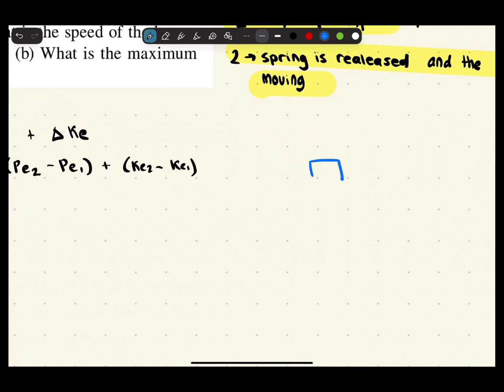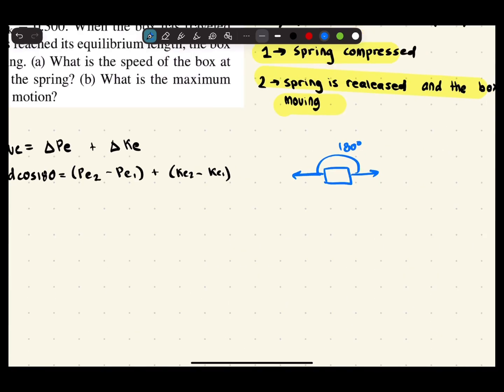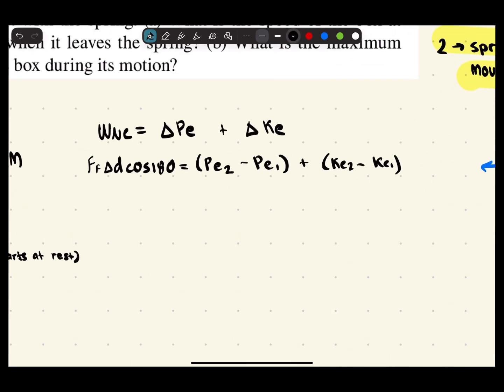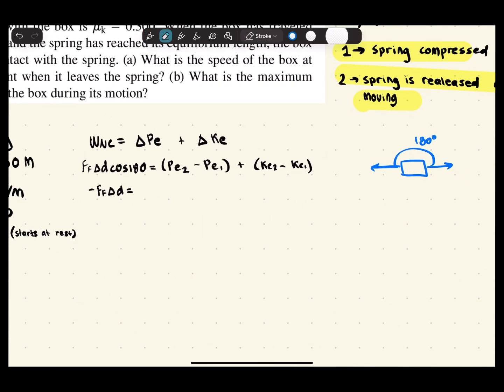The velocity vector of the box points this way, and then there's 180 degrees between it and the friction vector. That's where we get this cos 180. Now cos 180 is equal to -1, so there's going to be a negative sign in front of this term.